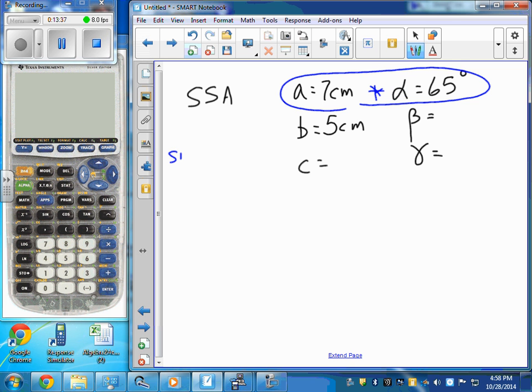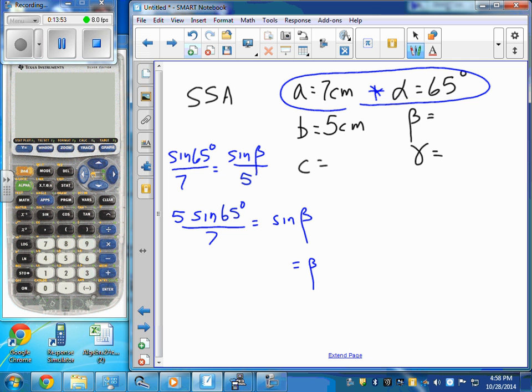I have the sine of 65 degrees over 7 is the sine of beta over 5. 5 times the sine of 65 degrees over 7 is the sine of beta. And beta is going to be the sine inverse, or the arc sine, of this quantity, 5 sine 65 degrees over 7.